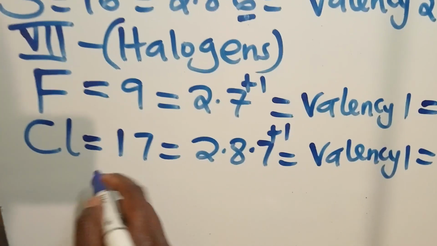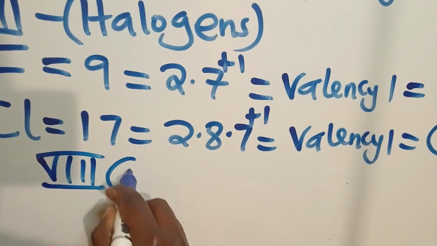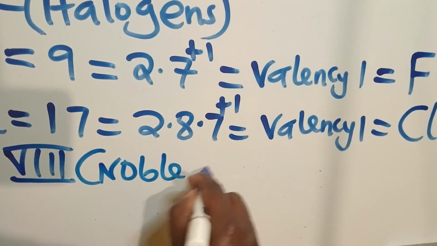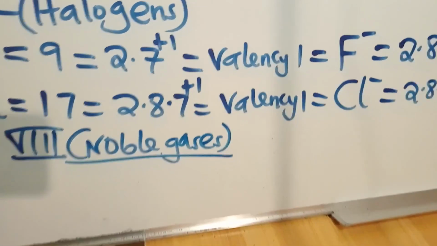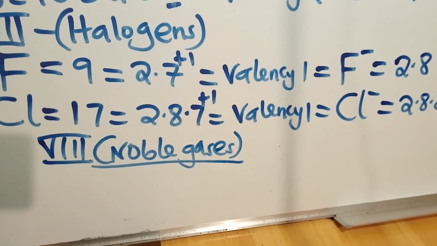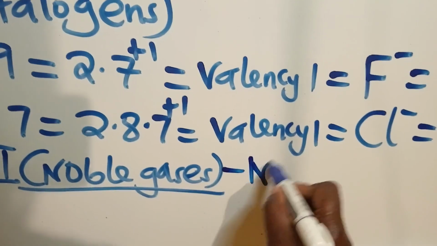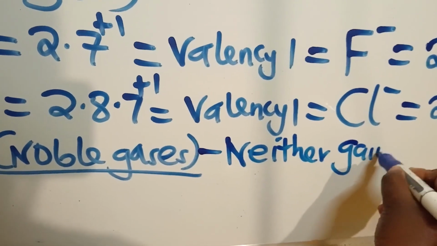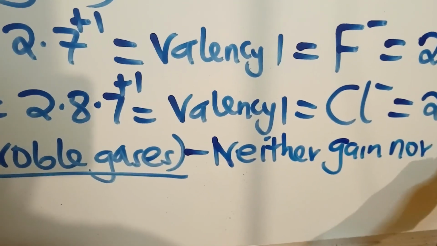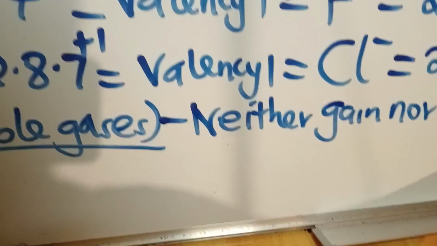Finally, we have group 8. These are the noble gases, or the group 0 elements. These ones neither gain nor lose electrons. Why?